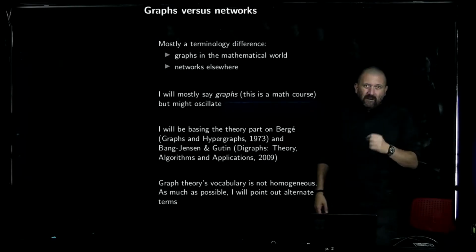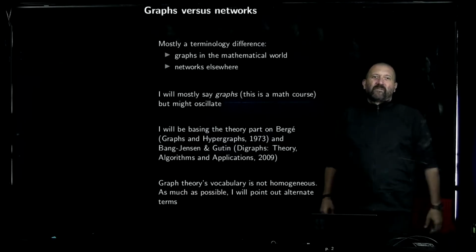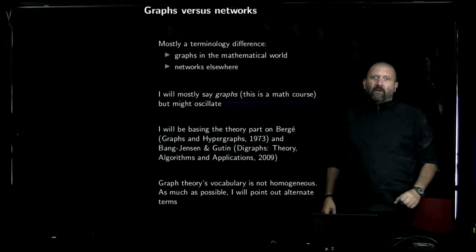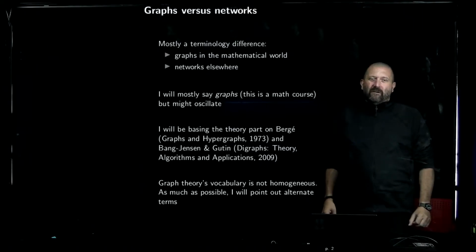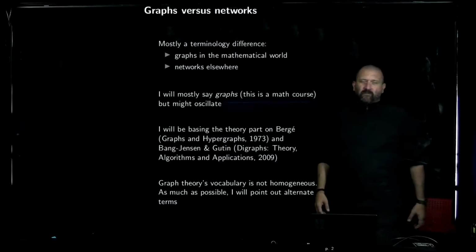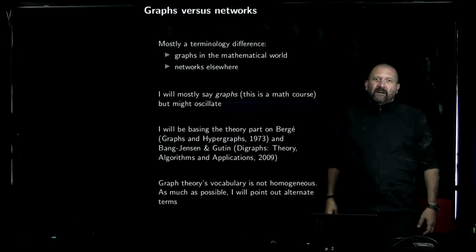Now, the way I'm going to present things is based mostly on a book by Berger, who's a French graph theorist who did quite a lot of work setting up the domain. And that's a book, it's quite an old book, but it remains a very interesting book.